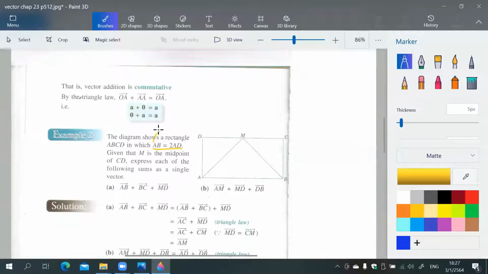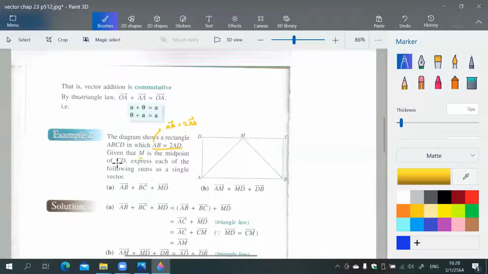But at the same time, we can apply this as vector AB equal to 2 of vector AD, right? When they give this message, it can apply as a vector also. But if you want to swap the direction, like AB to BA, this one has to have a negative sign. Okay, this is the first definition we just did. And now next, given M is a midpoint of DC, midpoint of CD, okay?